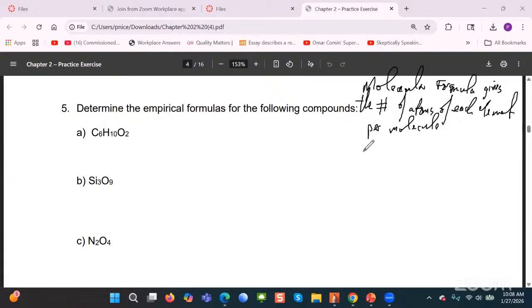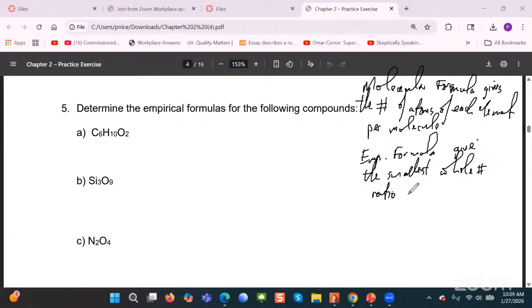And then the empirical formula gives the smallest whole number ratio of the atoms of the different elements in the compound.